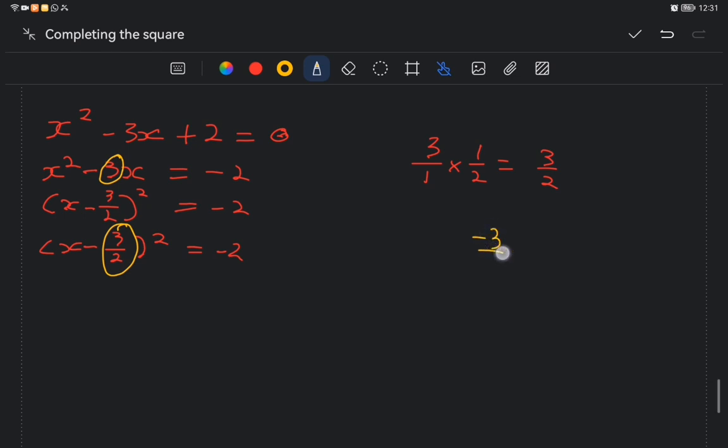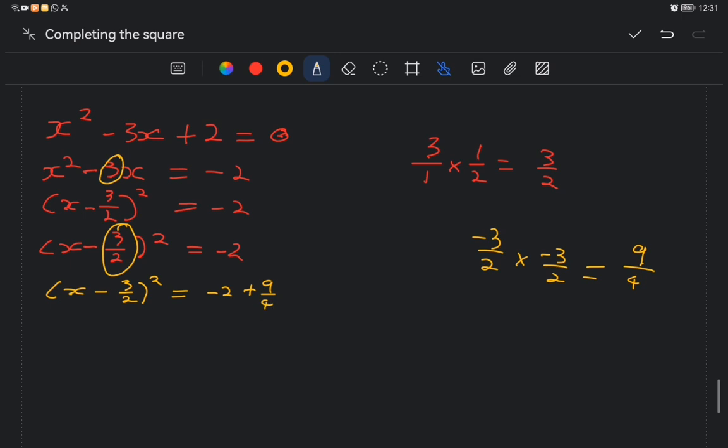So negative 3 over 2 multiplied by negative 3 over 2 will simplify to 9 over 4. Is it fine? So meaning that we have x minus 3 over 2 whole squared is equivalent to negative 2, and then plus 9 over 4.